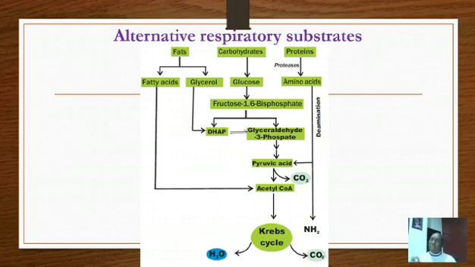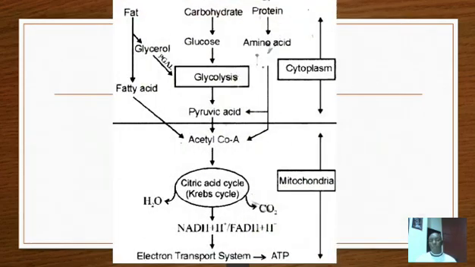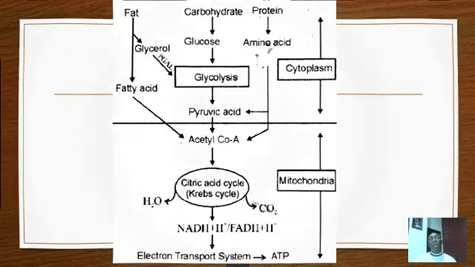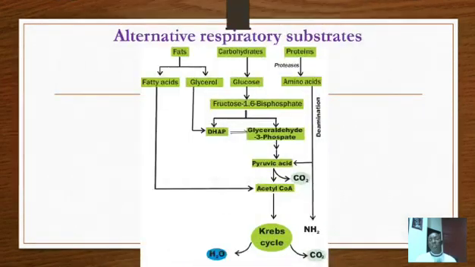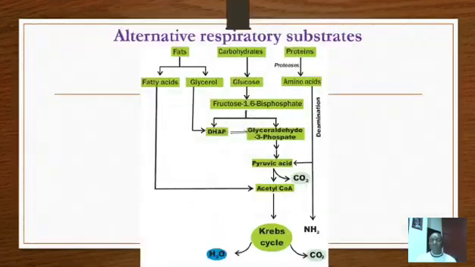Now what remains after removing that amino group is then converted into pyruvic acid. It can also be converted into acetyl-CoA.